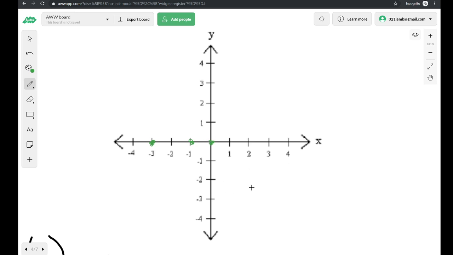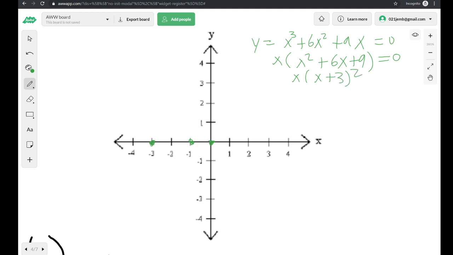Because if we go back to our original function, y equals x cubed plus 6x squared plus 9x, and we set this equal to 0, we factor out an x, and we have x squared plus 6x plus 9, and that's a perfect square, and that's x times x plus 3 squared.